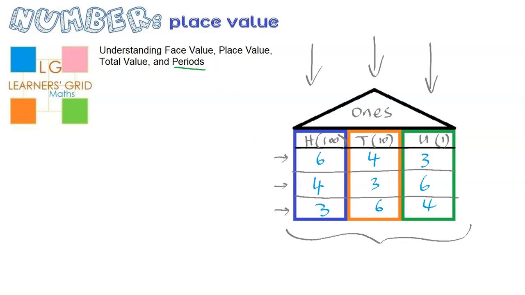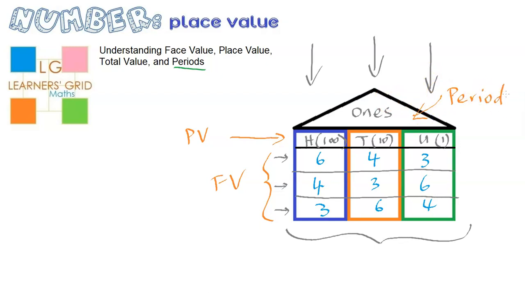Okay, so if I look across at this row, the hundreds, the tens, the units, these are all place values. And if I look here, these are all our face values. I see a 4, a 3, a 6, a 6, a 4, a 3, a 3, a 6, a 4. Those are all face values. And up here we have our period.